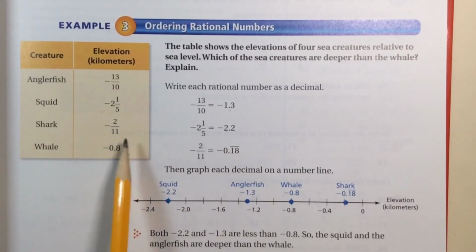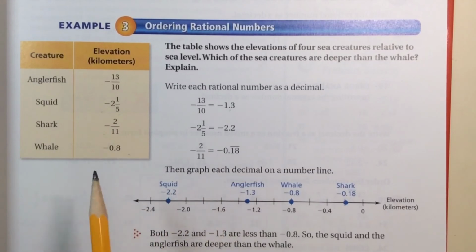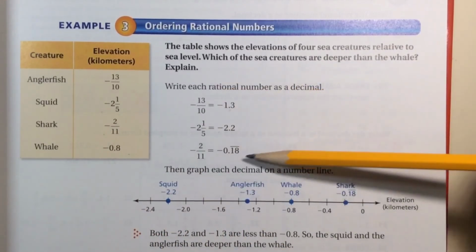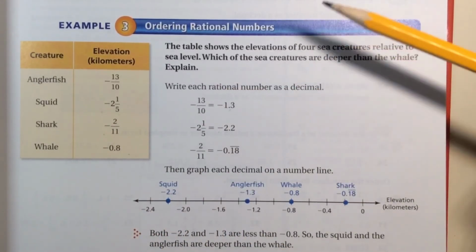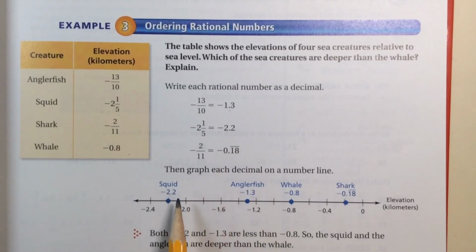And negative 2/11 is negative 0.18 repeating. So now that they're decimals, those are much easier to put in order from least to greatest. And then you just go from the coldest temperature up to the warmest temperature. So negative 2.2, negative 1.3, negative 0.8, and finally negative 0.18 repeating.